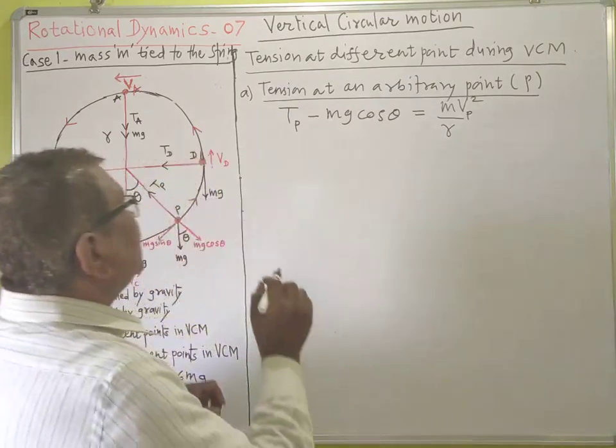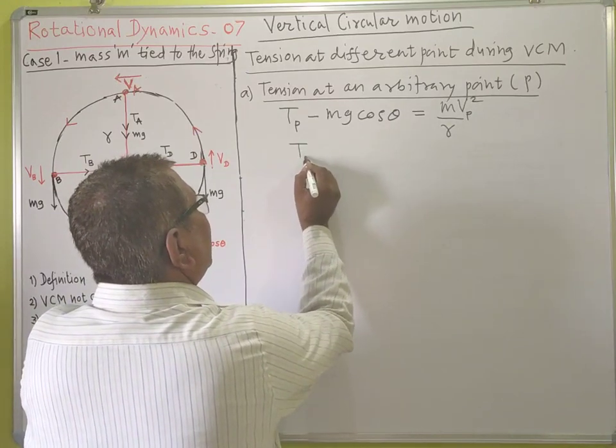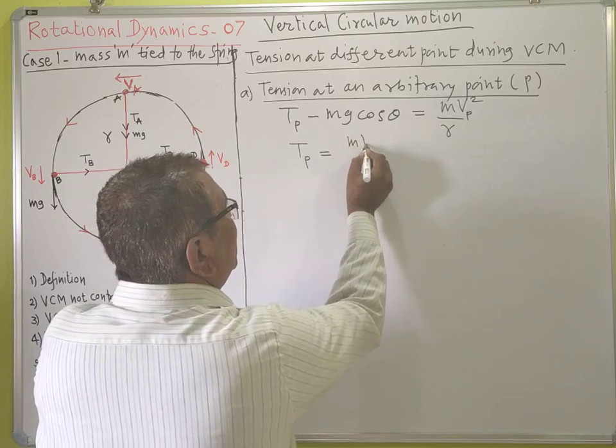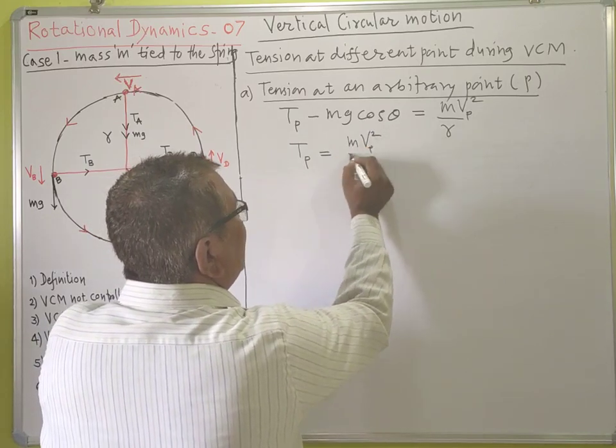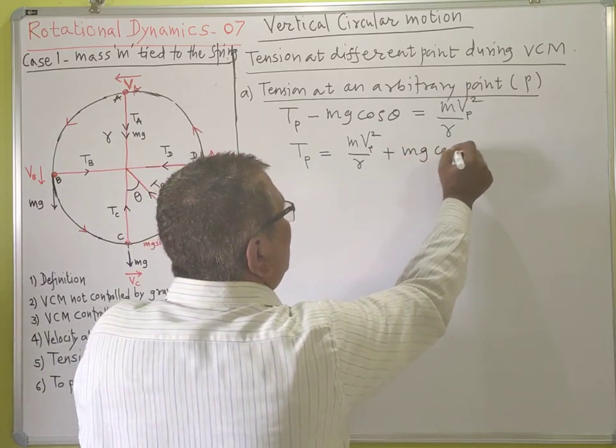Then what is the tension at the arbitrary point, Tp? The tension at an arbitrary point Tp we got is m vp square upon r plus mg cos theta.